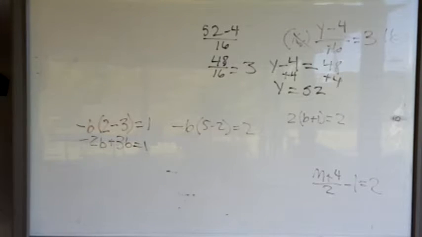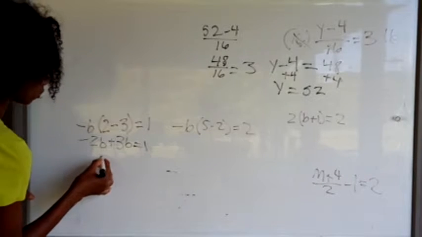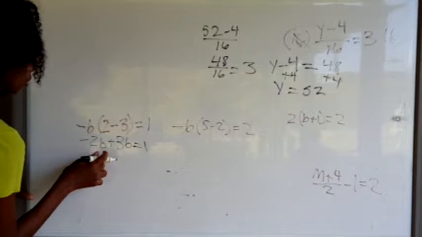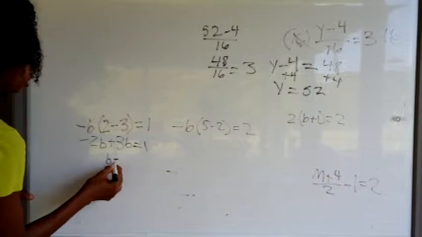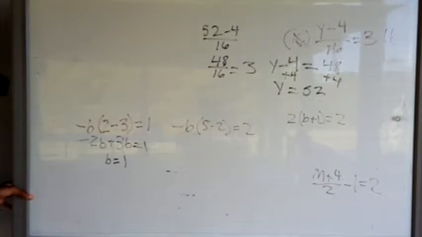So that's a little extra work. Then you have to combine these, which will make it positive b equals 1, because negative 2 plus 3 is 1. And so then that would be 1b, but you don't have to write that, so b would equal 1.